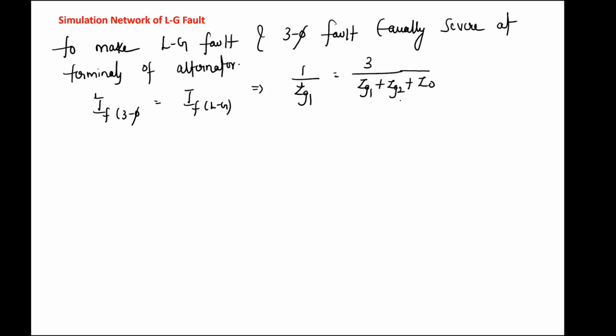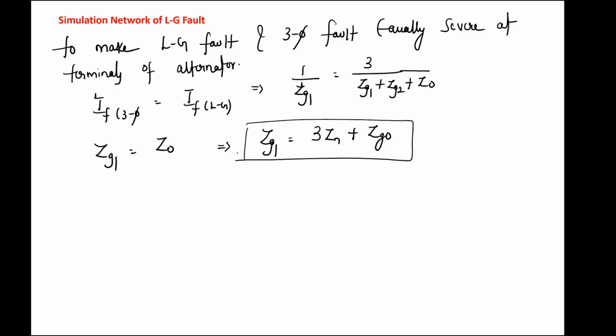We know that ZG1 equals ZG2. So to make this, I have to make the condition that ZG1 should be equal to Z0. This is the condition. Which implies ZG1 should be equal to 3 times Zn plus ZG0. If you achieve this condition in a synchronous alternator, then the magnitude of the LG fault current and the 3-phase fault current are both the same.